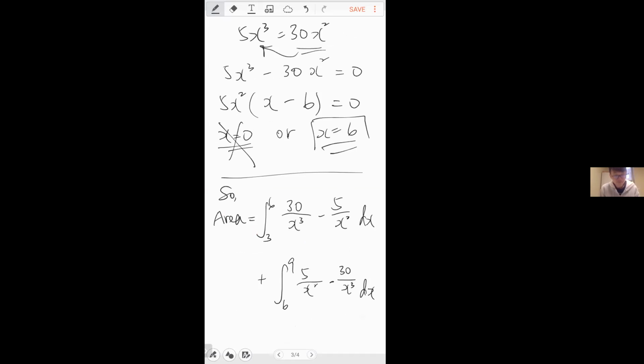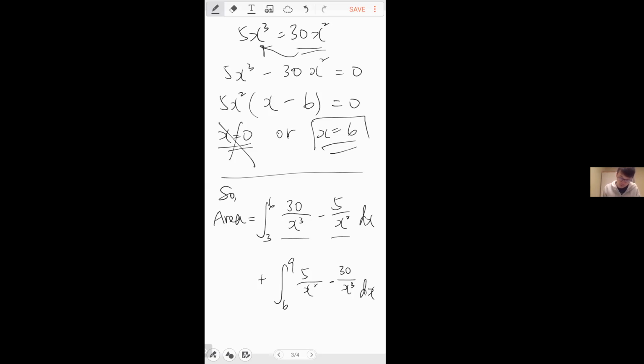And do we know how to compute these two integrals? So what do I need to do for these two integrals? Yep, so take the antiderivatives of 30 over x cubed and also 5 over x squared.